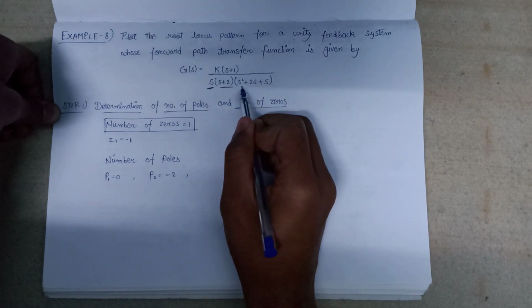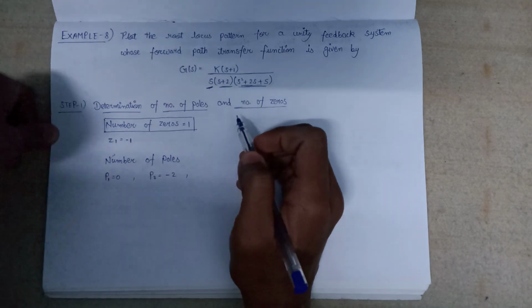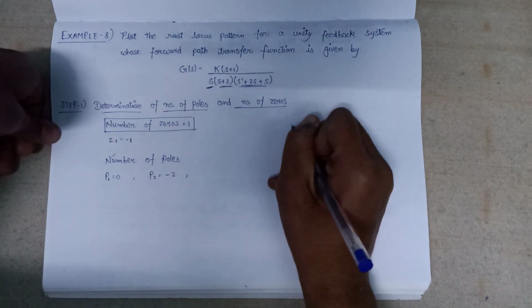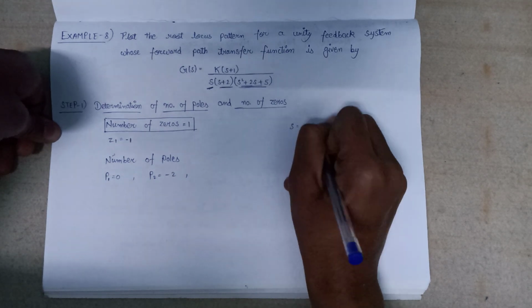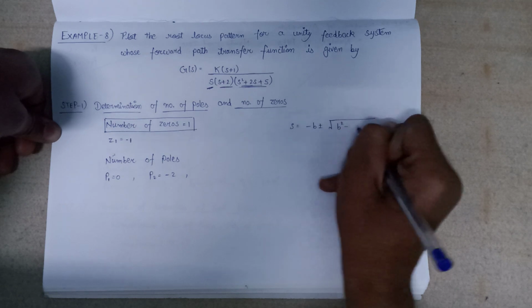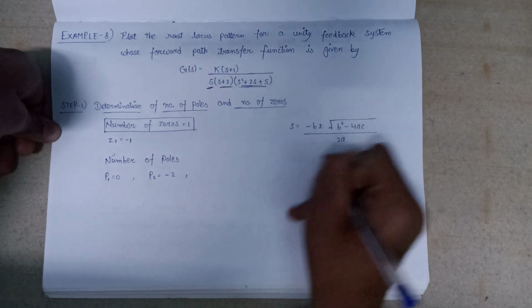On solving the quadratic equation, we will get another 2 poles. So let's solve it with the help of the formula s = (-b ± √(b² - 4ac)) / 2a. Here b is 2, a is 1 and c is 5.